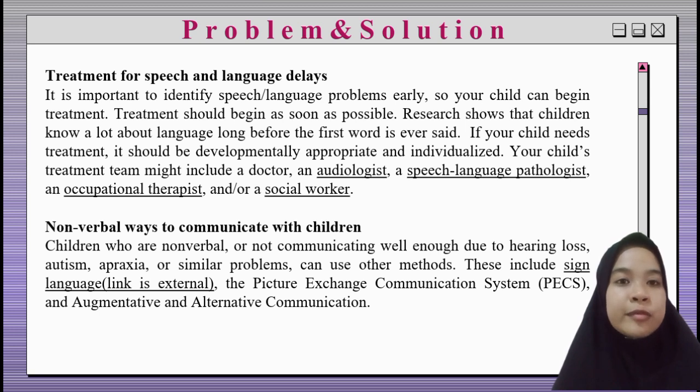Children who are nonverbal or not communicating well enough due to hearing loss, autism, apraxia, or similar problems can use other methods. These include sign language, the picture exchange communication system, and augmentative and alternative communication.